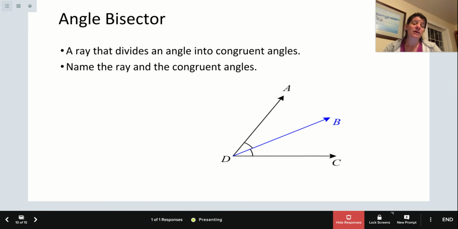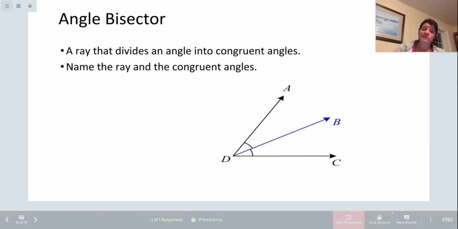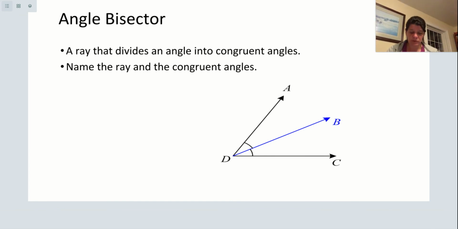Okay, and an angle bisector is very similar to a segment bisector. It cuts the angle in half. So ray DB is an angle bisector of angle ADC, which means that those two smaller angles have to be congruent, which is indicated by those arcs. And then we can also write that.